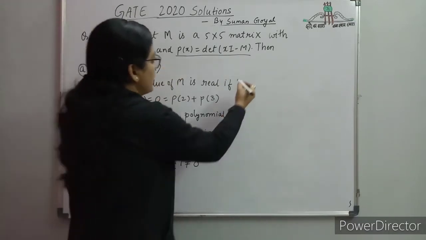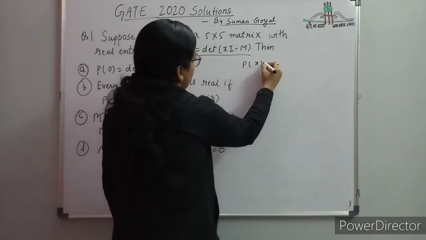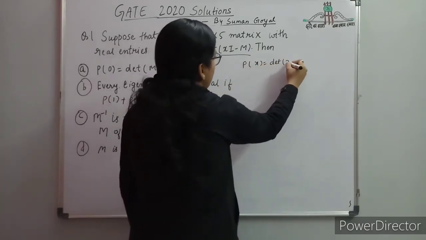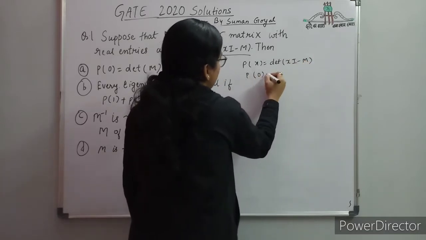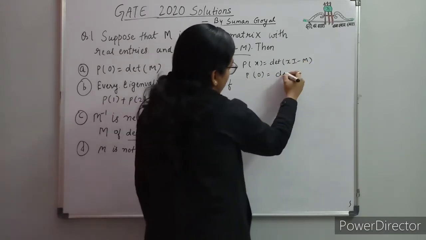So, starting with the first option, P(0) equal to determinant of M. P(x) is given as determinant of xI minus M. To find P(0), simply put 0 in place of x. Then what will you get?